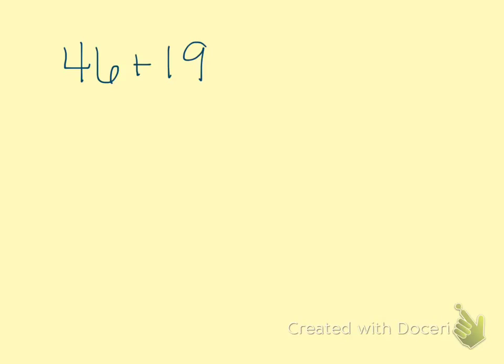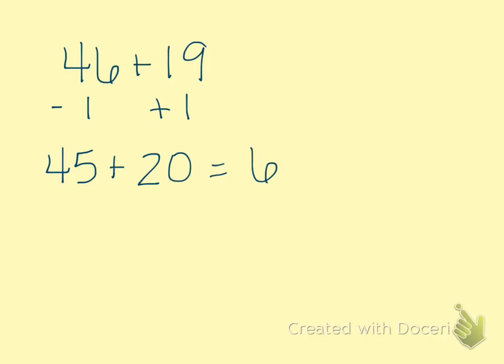An example of adjusting both numbers using the same equation would be if you added 1 to the 19 and then to compensate, subtracted 1 from the 46, giving you a new equation of 45 plus 20, or 65 as your final answer.